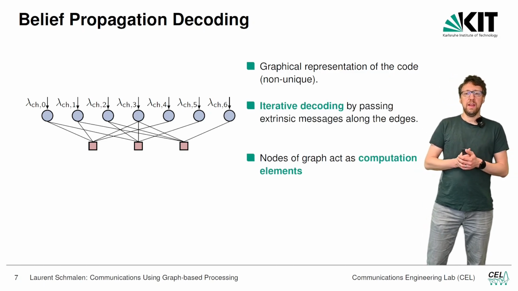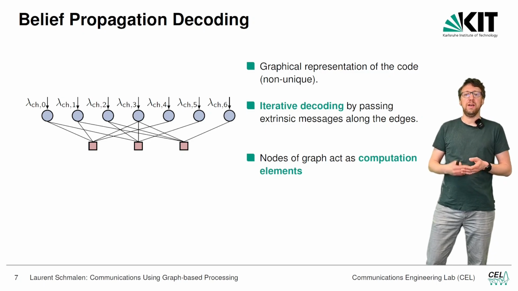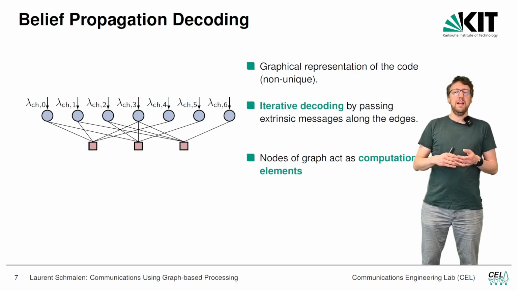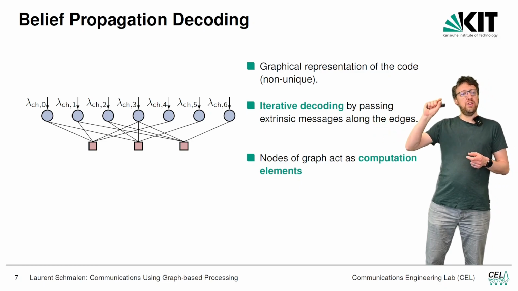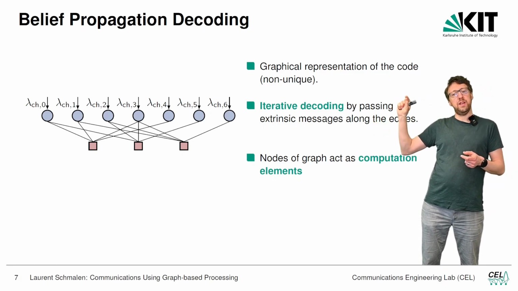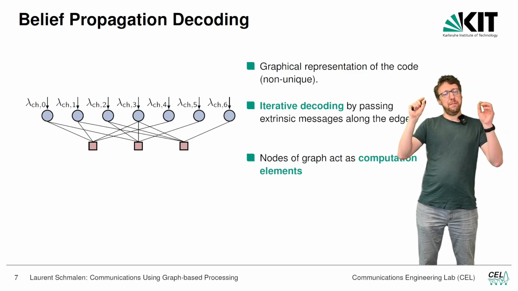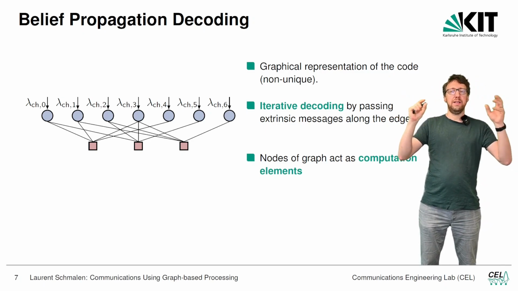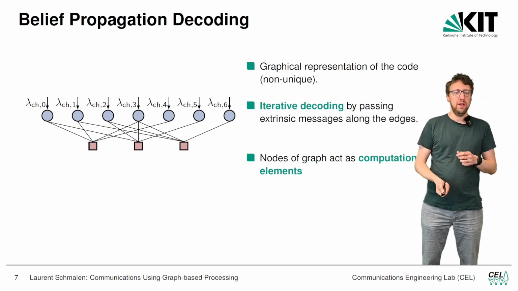Now in the decoding, we use an iterative process. The decoder essentially takes this graphical representation, and each node of this graphical representation is a small computing element. It takes some messages, calculates a new value, and passes these messages along the edges.